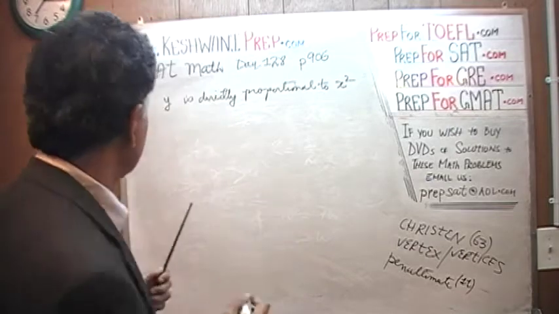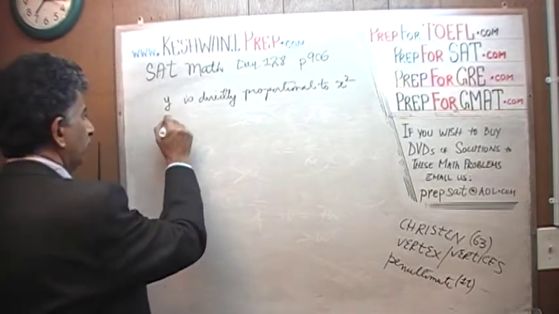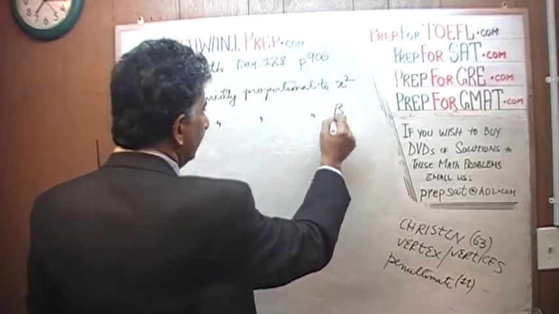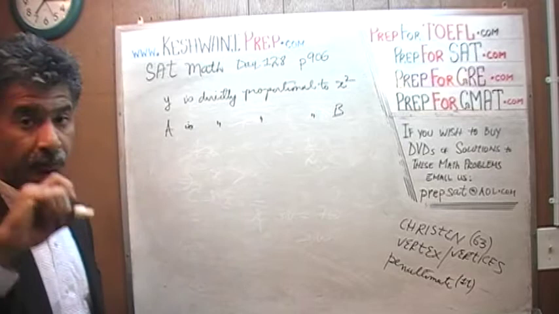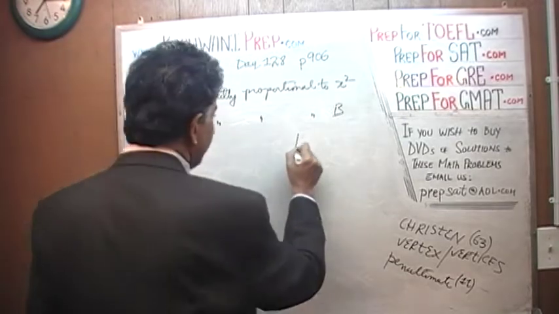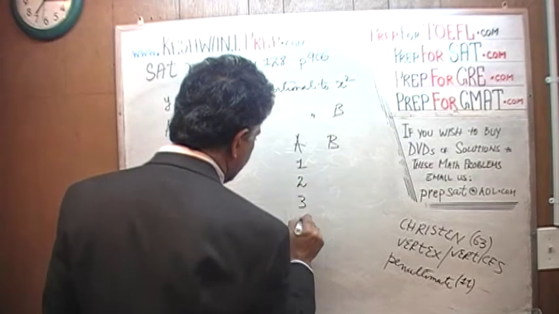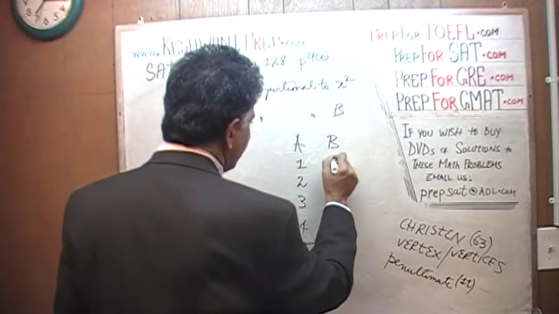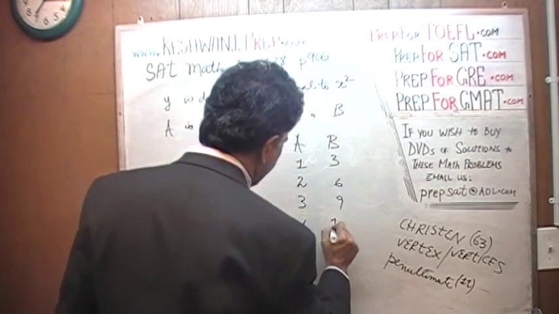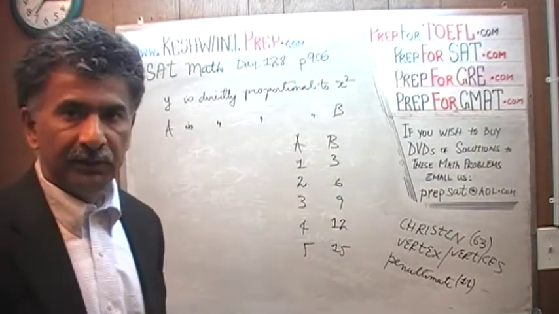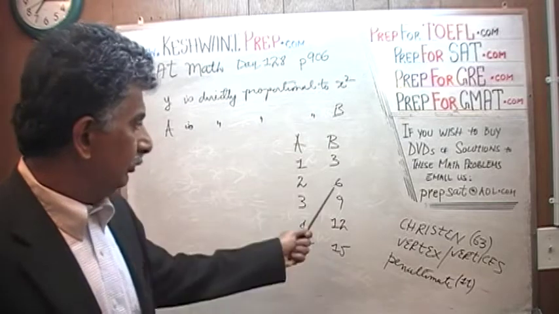For example, if we were told that a is directly proportional to b, we may have observations like this: a is 1, 2, 3, 4, 5, and b might be 3, 6, 9, 12, and 15. When a is equal to 1, b is equal to 3. When a is 2, b is 6.